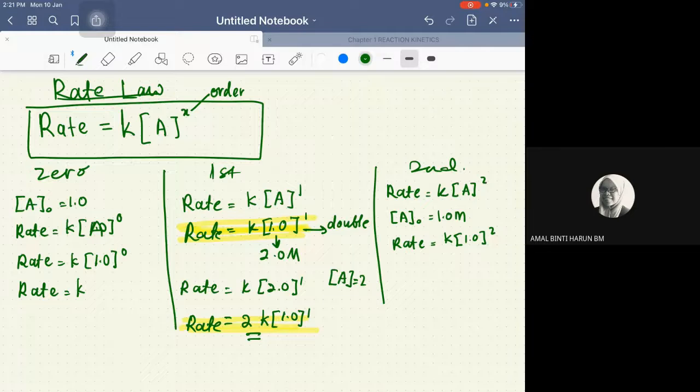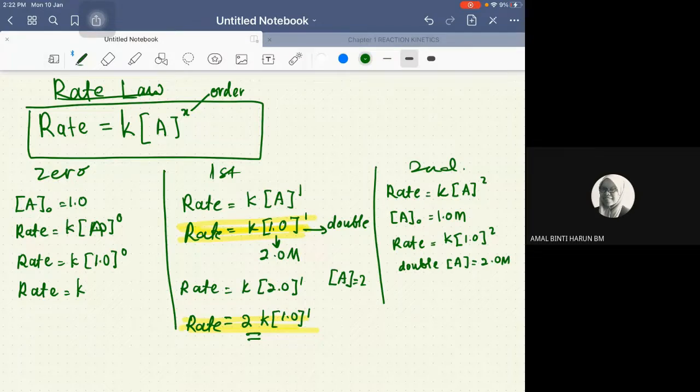Okay, what happen if double concentration? Double concentration of A, so dia akan dapat daripada 1.0 become 2.0 molar.